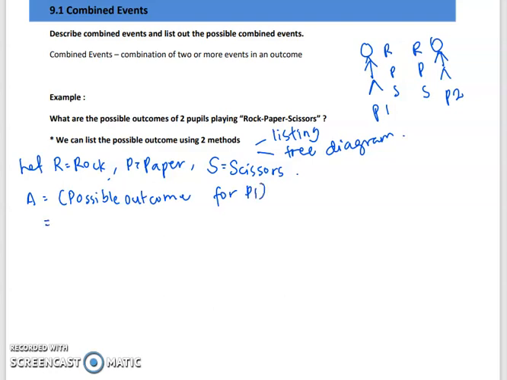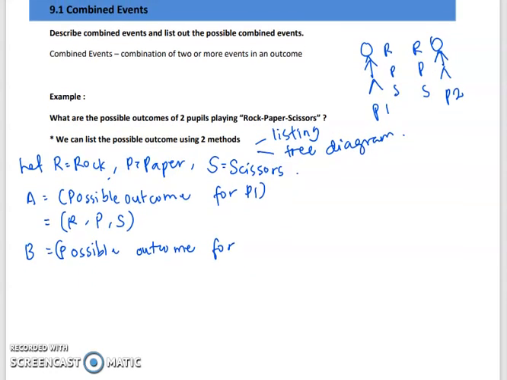So pupil 1 could show either rock, paper or scissors. And then let B be the possible outcome for pupil 2. So similarly, pupil 2 might also show rock, paper or scissors.